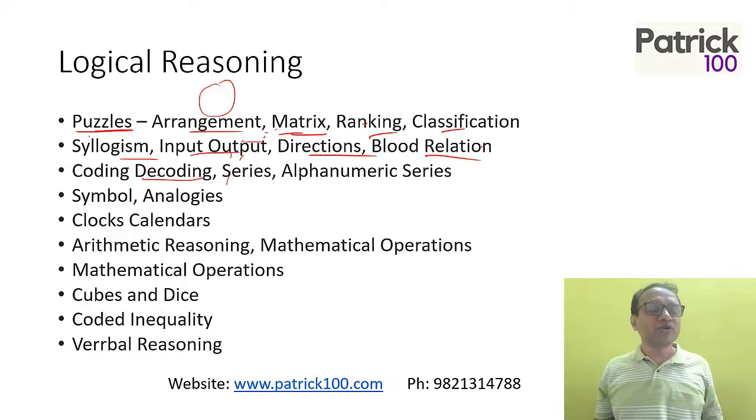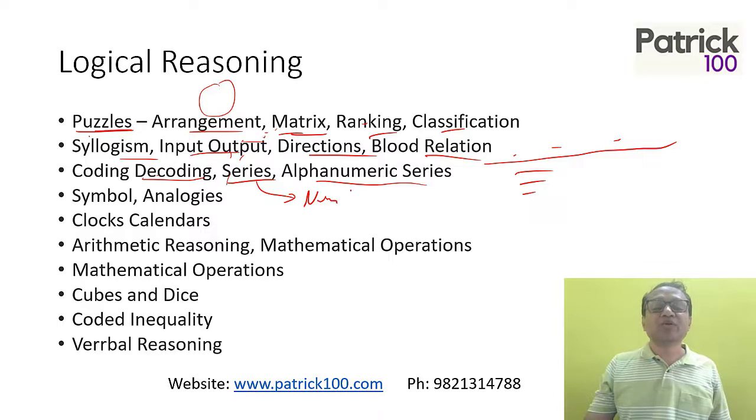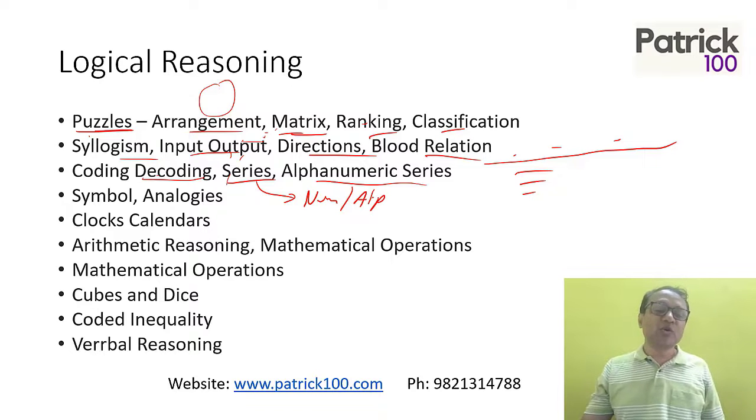Pick up and try to solve different types of questions. Same with coding-decoding, series, alphanumeric series also. In alphanumeric series, there will be a series of letters, numbers, alphabets given, and there will be some questions based on that. Series can be both number and alphabet series. Then symbol based questions, where you have some symbols given and based on that you have to solve. Analogies are common.